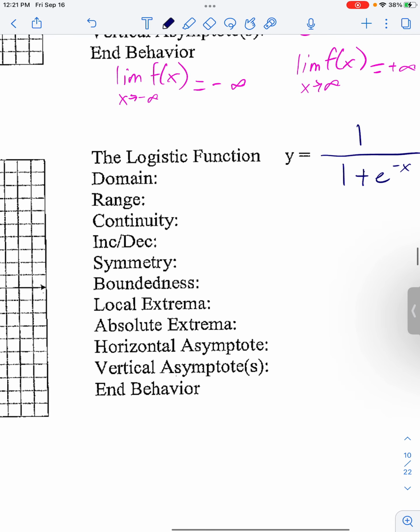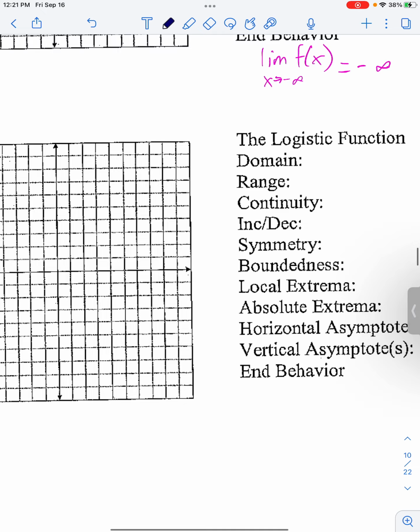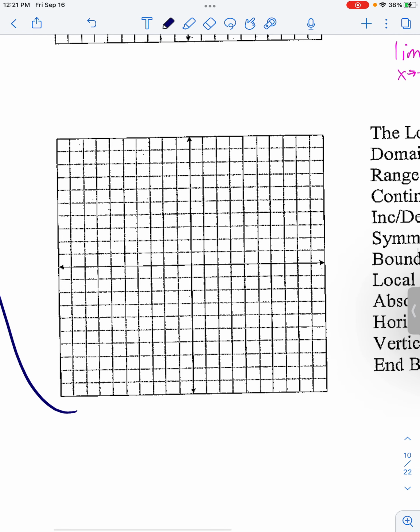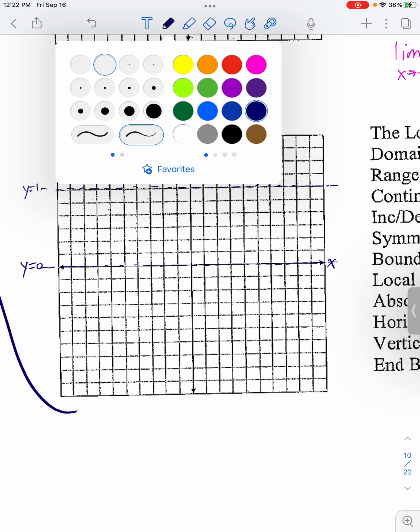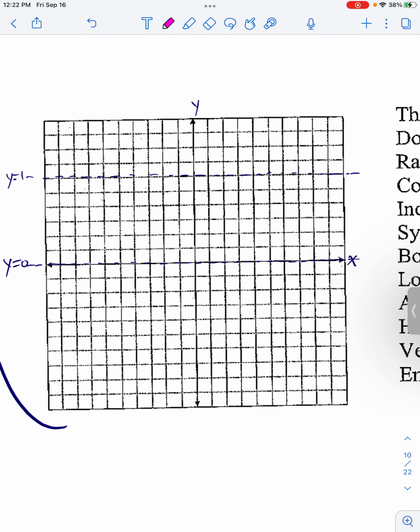The domain for this one, so here's what this function looks like, okay? So here's my x-axis. Here's my y-axis, okay? I'm going to draw a little dash through here. All right, so this is y equals 0. And then I'm going to draw a dash through here, and I'm going to explicitly label this dash line y equals 1. So here's what this function looks like, okay?